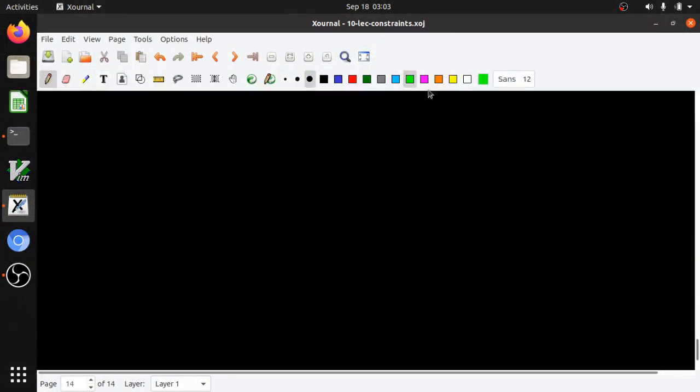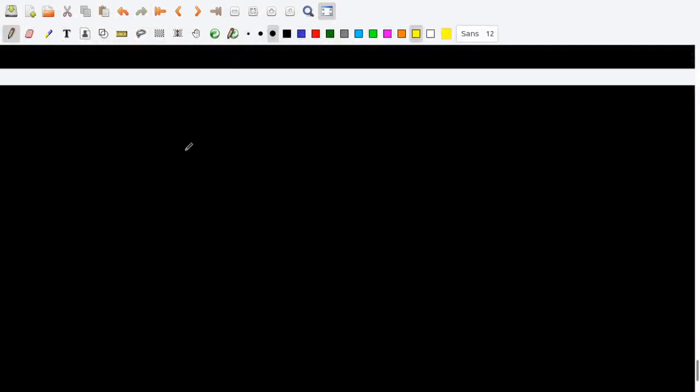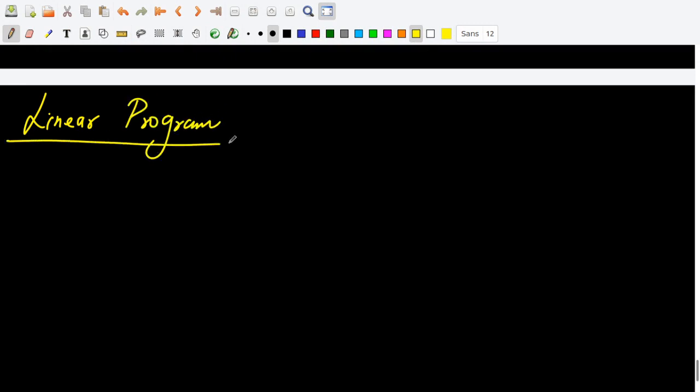So a linear program is an optimization problem in which the objective function is linear. So let me write an example of a linear program.